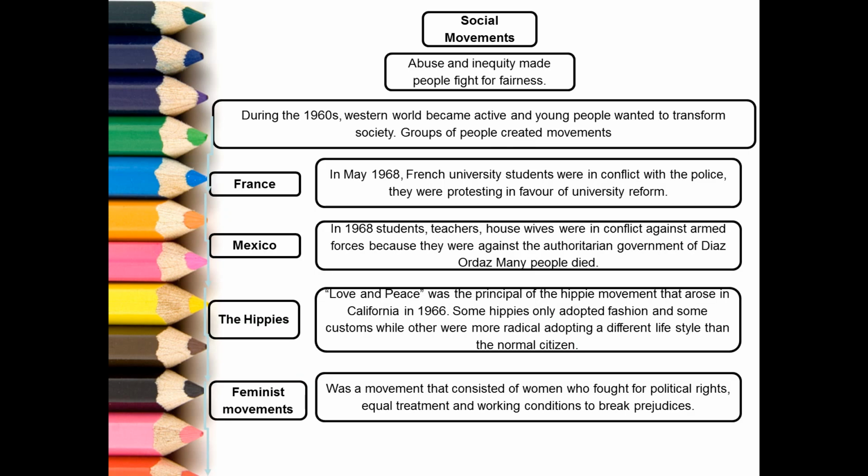Now, social movements generally arose when there is abuse and inequity. When people are uncomfortable with the normal standards of society, they want to seek change, and they find out that it's hard to seek change as individuals.